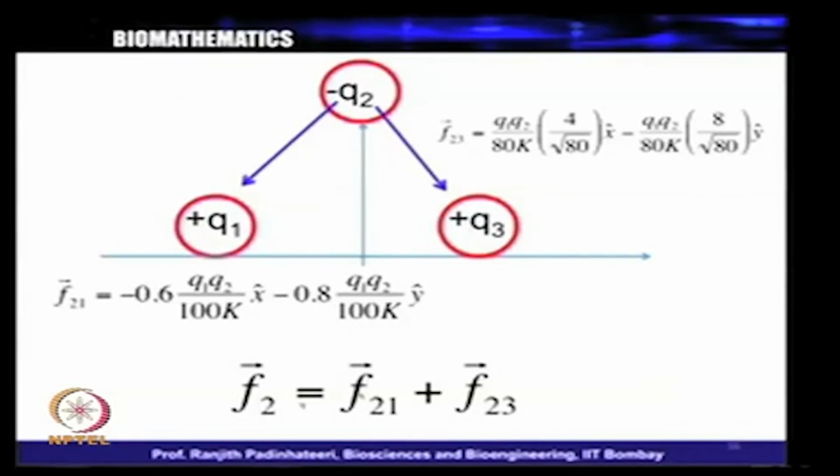Now, the total force is the sum of these two forces. So, how do we get the sum of these two forces? Let us calculate the sum a little more carefully.